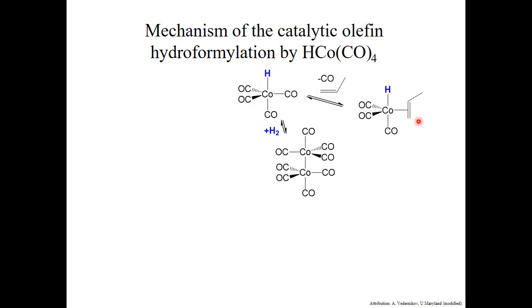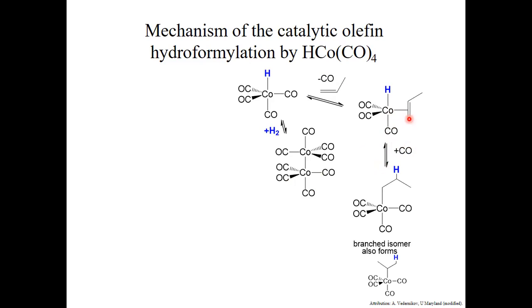So now you see we have this alkene being bound side on to the cobalt. So on the next step, we can just add carbonyl ligand, and we undergo a migratory insertion that inserts this olefin here into the cobalt hydrogen bond to give this species here.